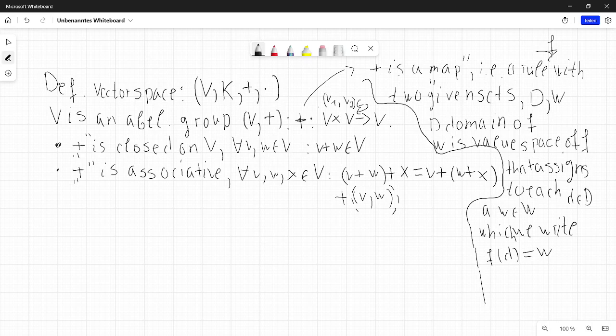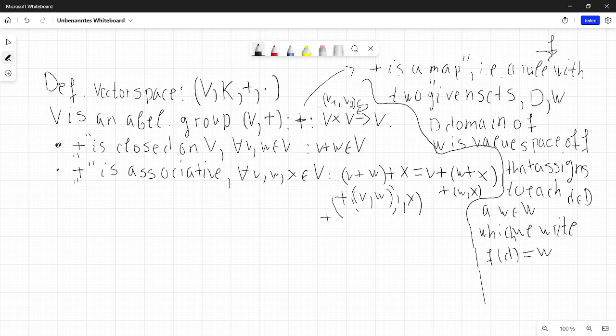And then to the result of this, we actually apply plus and take this result with x, right? And here we could have in general something different because here we first apply plus to this w and x, which is written here. I already adopted a convention. And then we apply plus to v and the result of this.